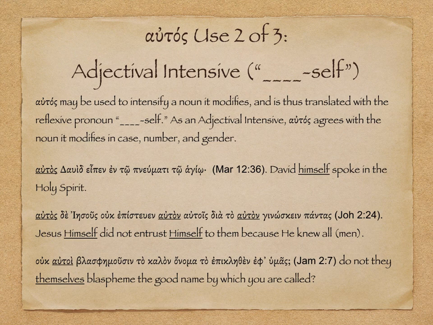In Greek, all verbs are inclusive of the subject, and this is the case here with blasphēmousin, and autoi gives an intensive sense, they themselves. So if you see autos with a verb and it precedes the verb, it's often an intensive.